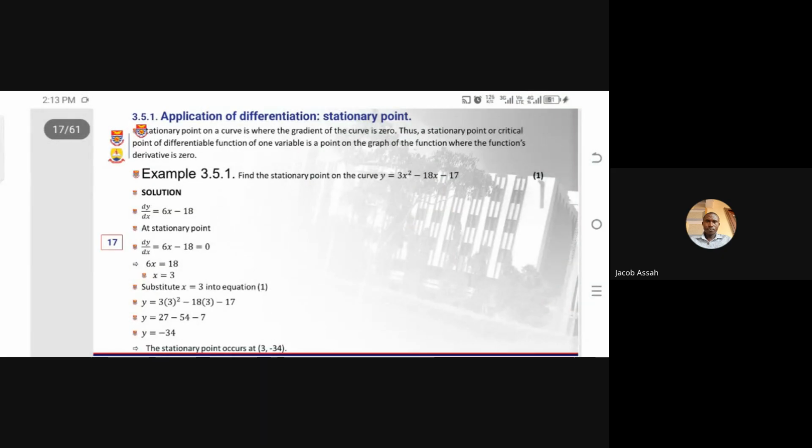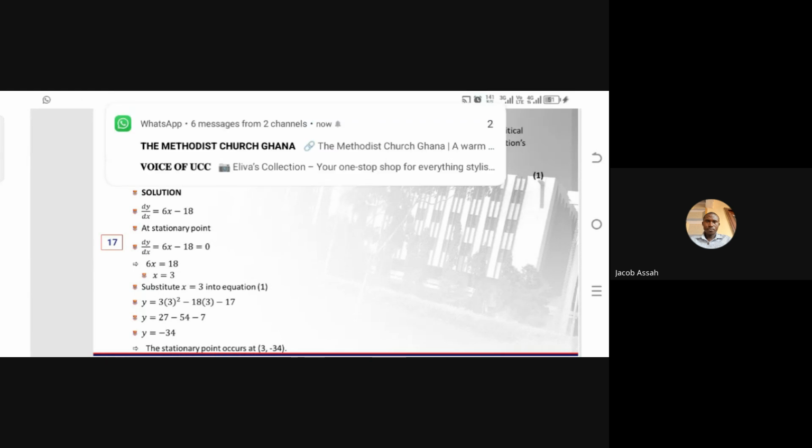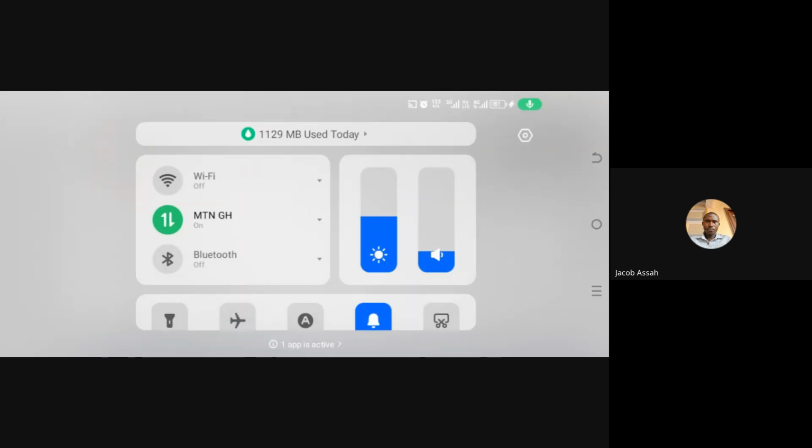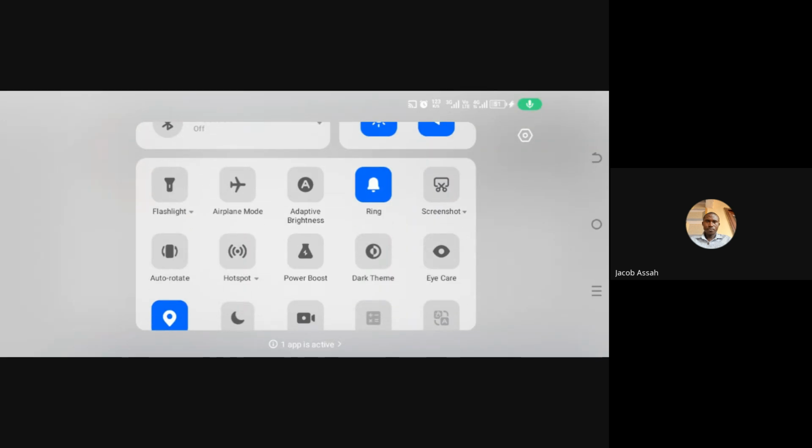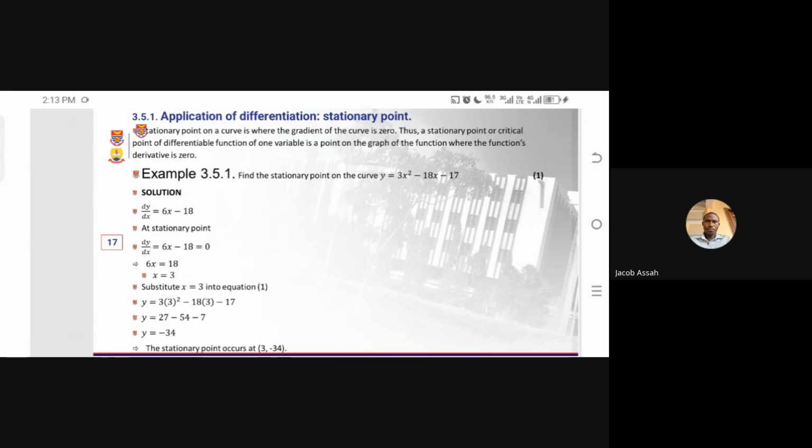So we want to proceed with the application of differentiation. We are saying that a stationary point on a curve is where the gradient of the curve is zero.